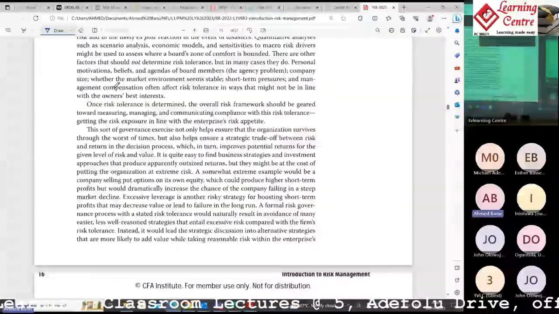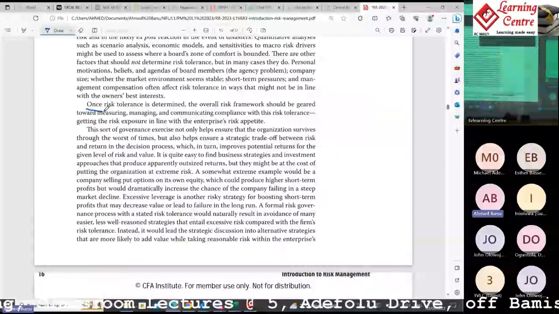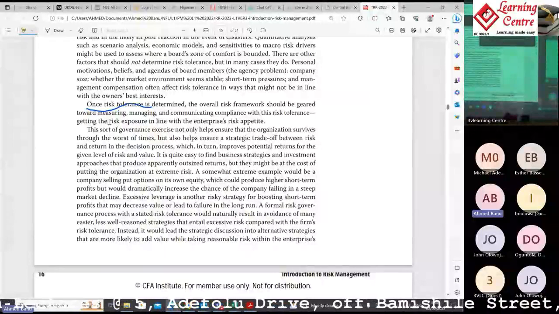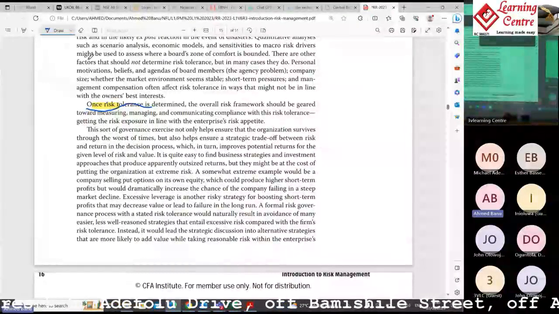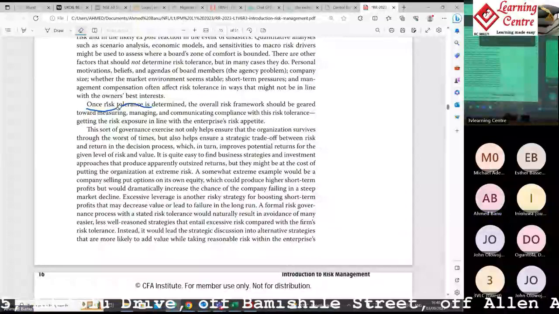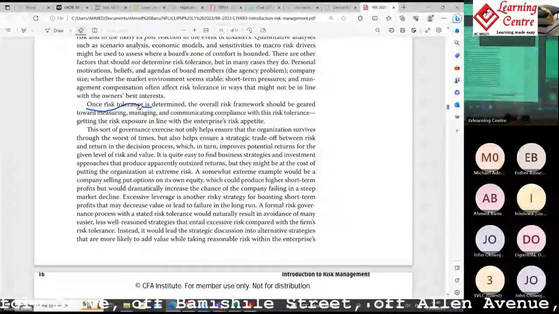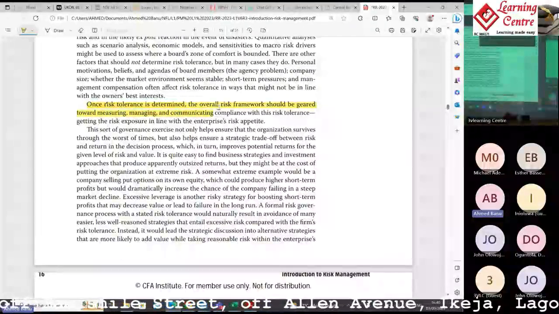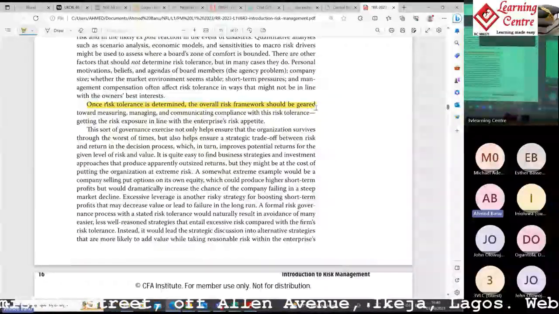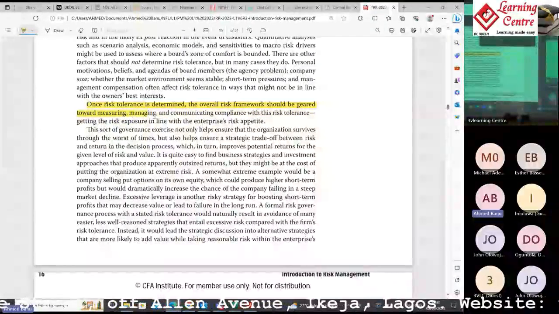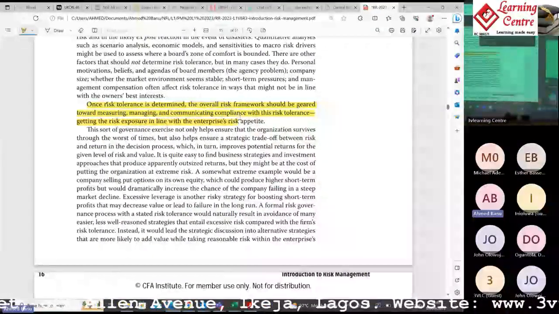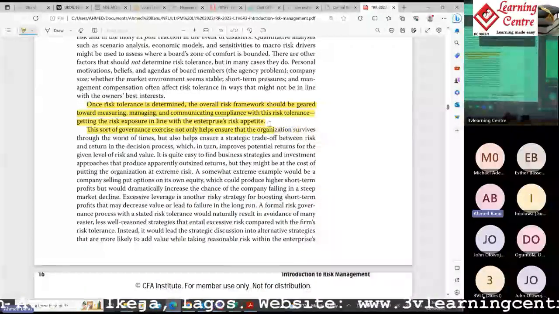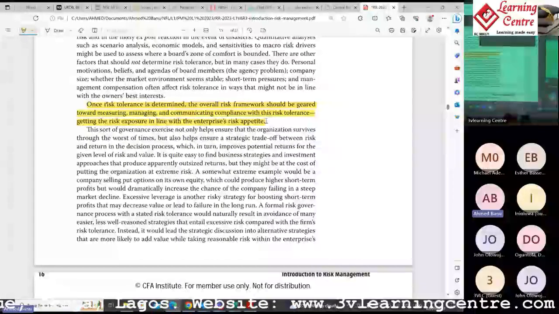Another thing again is once risk tolerance is determined, the overall risk framework should be geared towards measuring, managing, and communicating compliance with the risk tolerance, getting the risk exposure in line with the enterprise risk appetite.